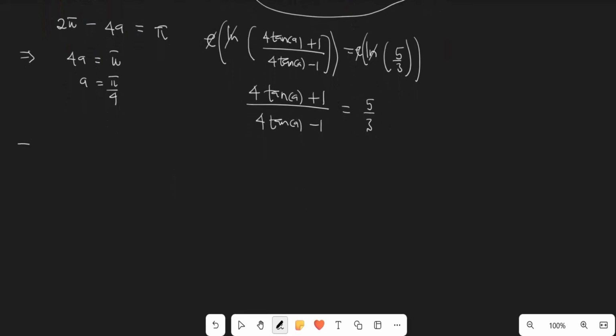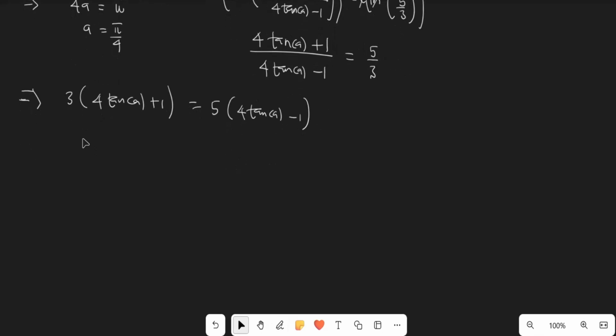Now we can solve this for a to see whether it will match with a in the first comparison. That is cross multiplication: 3 times (4 times the tangent of a plus 1) equals 5 multiplied by (4 times the tangent of a minus 1). Now let's multiply. This is 12 tangent of a plus 3, and that equals 20 tangent of a minus 5.